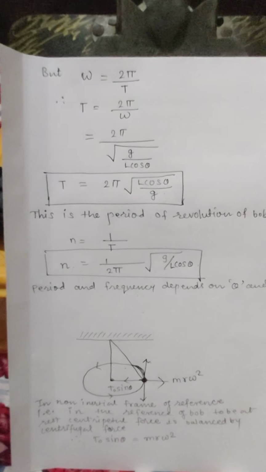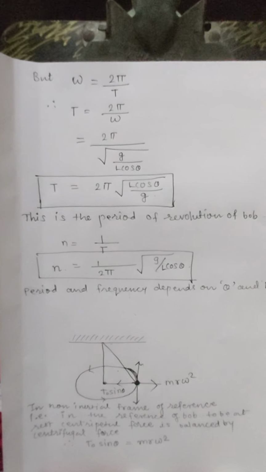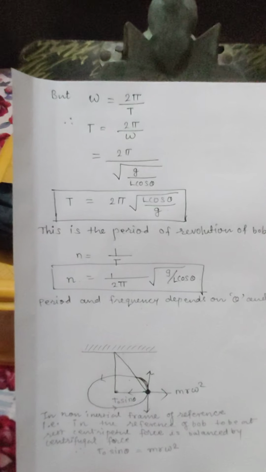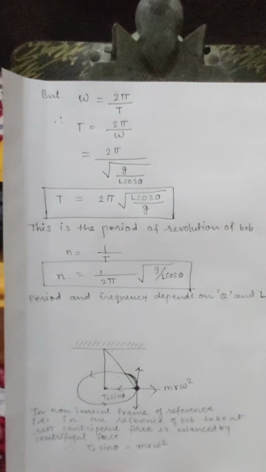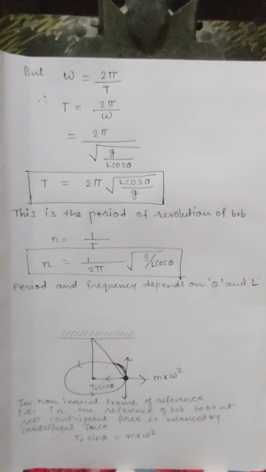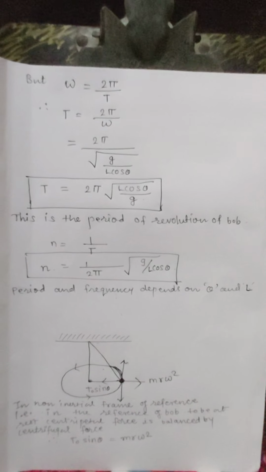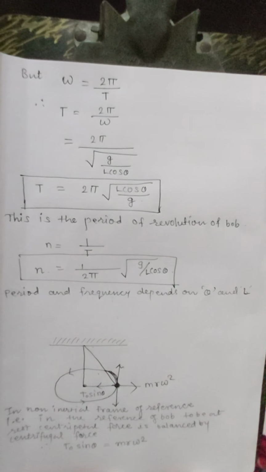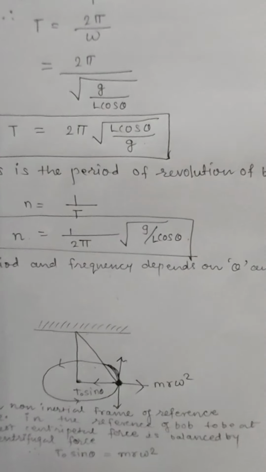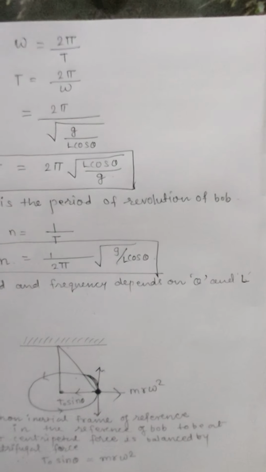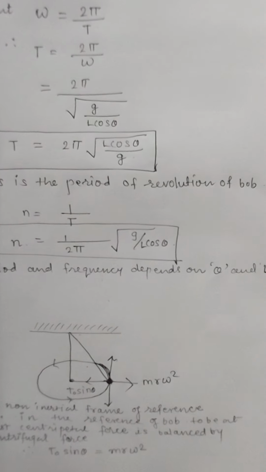So if the bob is at rest, then the centripetal force should also be balanced, and this centripetal force gets balanced by the centrifugal force. When we consider the same motion in the frame of the bob, then we can write the equation as T sin theta is equal to m r omega square.